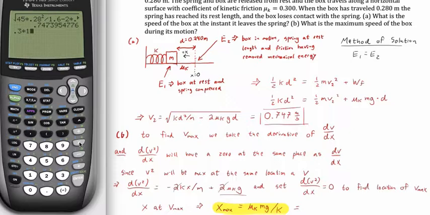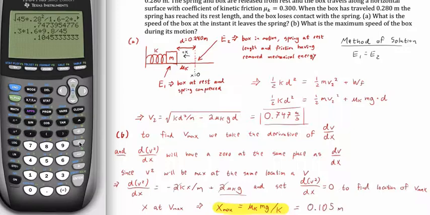Our m was 1.6 kilograms. g obviously is 9.8. And then we're dividing by our spring constant, which is 45. Okay, so we get a distance of 10.5 centimeters, or 0.105 meters.